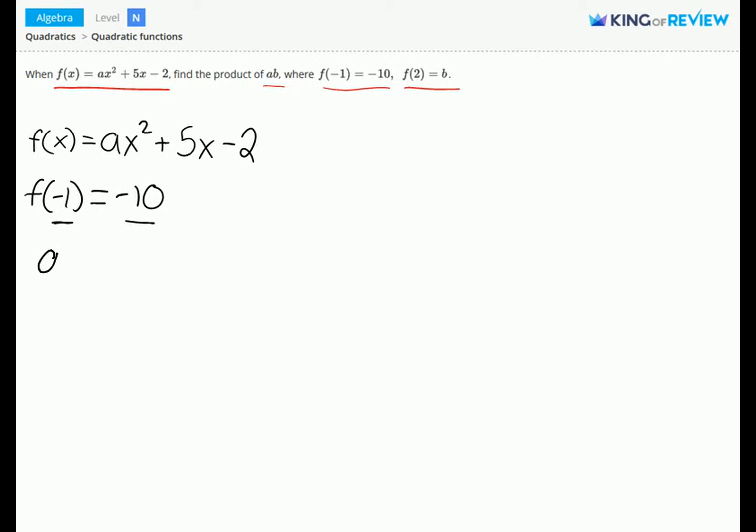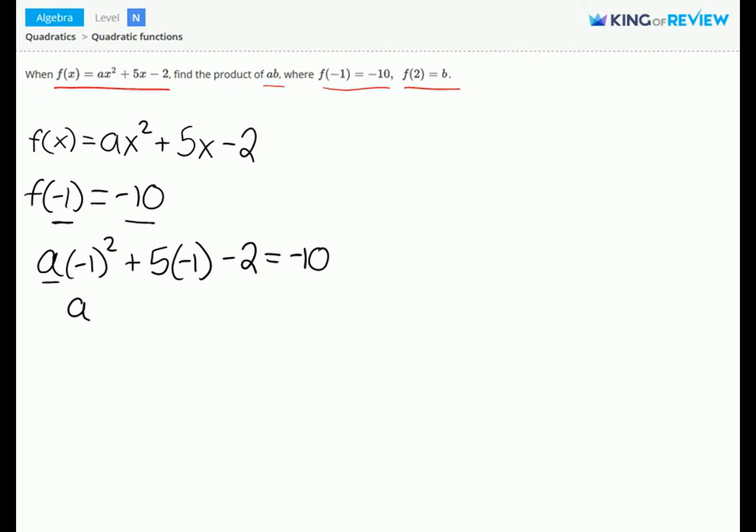So we have ax squared, so a times -1 squared plus 5x, so plus 5 times -1 minus 2 is equal to -10. Now we have one equation here and one variable, so now we can solve for a. -1 squared is the same thing as 1, and 1 times a is just a.